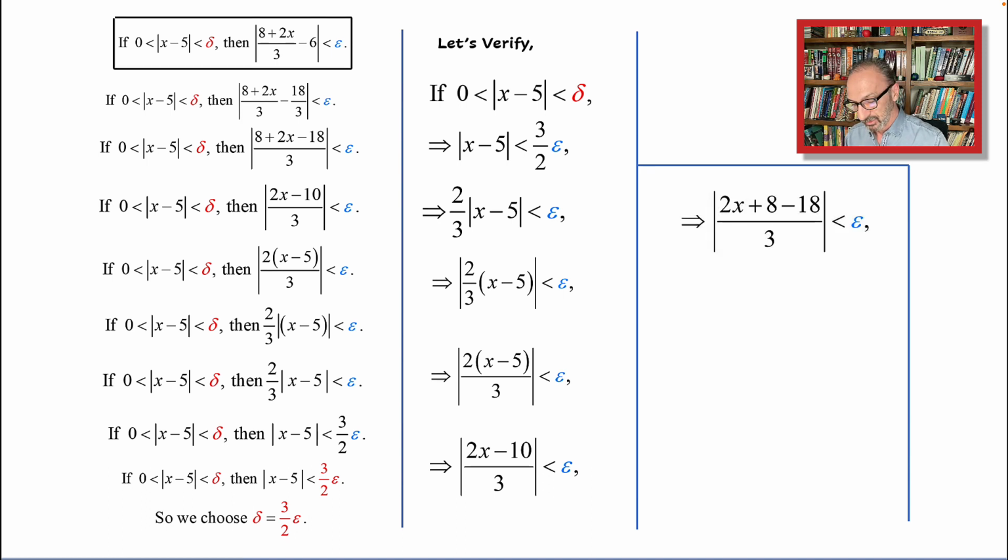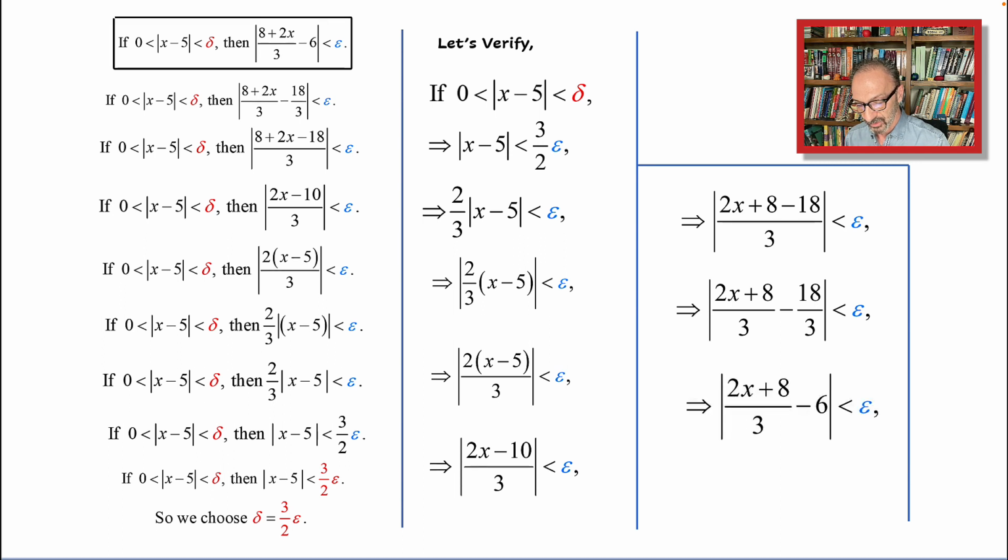Now, I could rephrase it and write 2x plus 8 minus 18 over 3. The reason why, because I want this. Breaking the fractions down, I have minus 18 over 3 and 2x plus 8 over 3. And that is now exactly what we want.